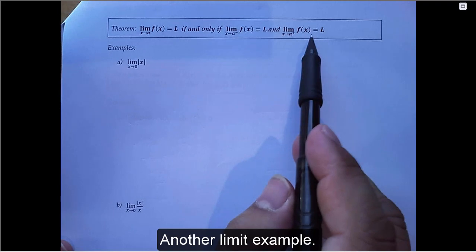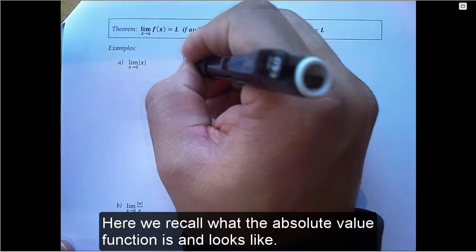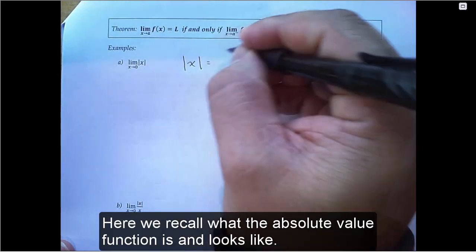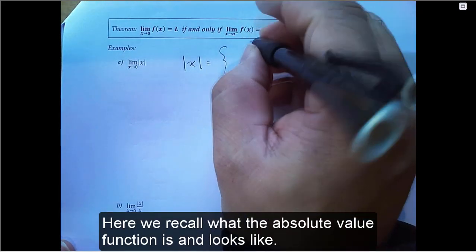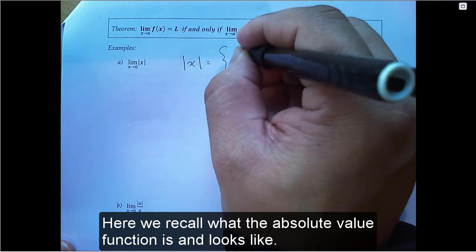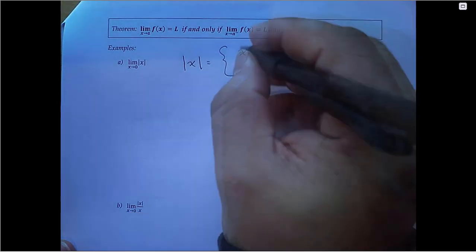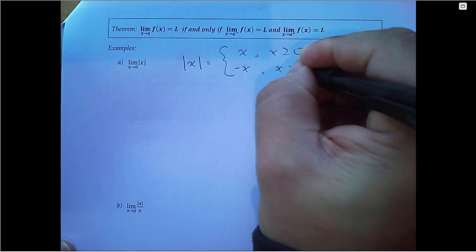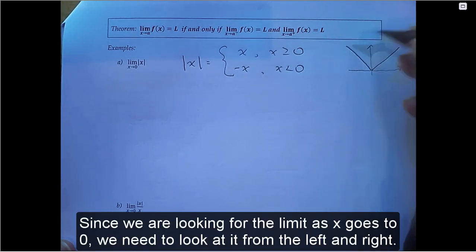Another limit example. Here we recall what the absolute value function is and looks like. Since we're looking for the limit as x goes to 0, we need to look at it from the left and right.